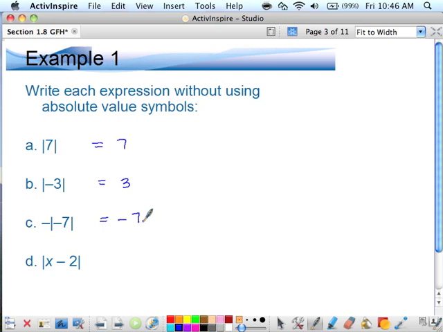So what you do is you take the inside and you set it equal to 0. What makes the inside of the absolute value go to 0? Where does it go to 0? Positive 2. So the inside of that absolute value goes to 0 at positive 2. So let's say if x is greater than or equal to positive 2, will what's in there be positive or negative?